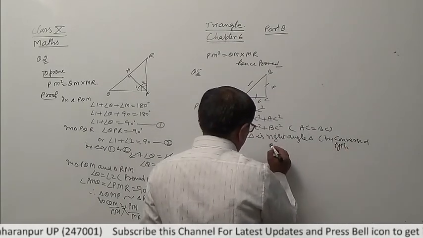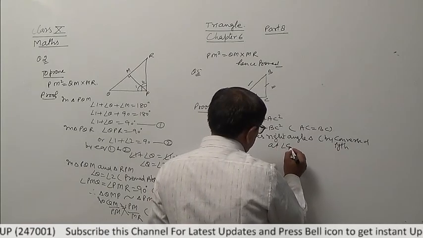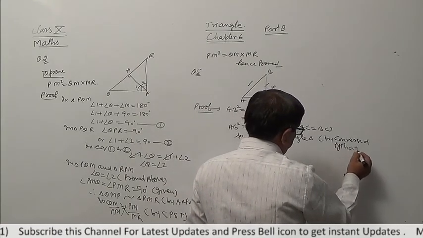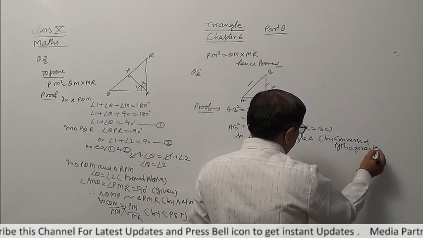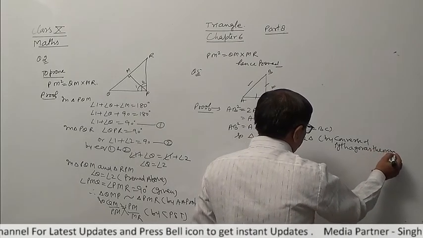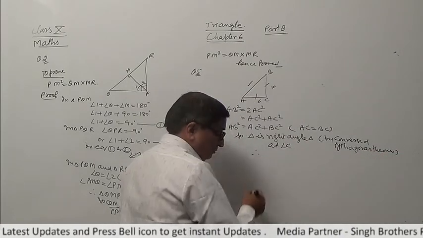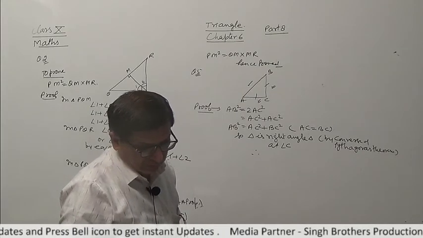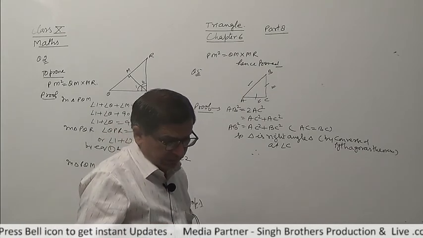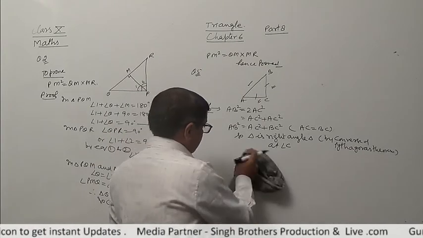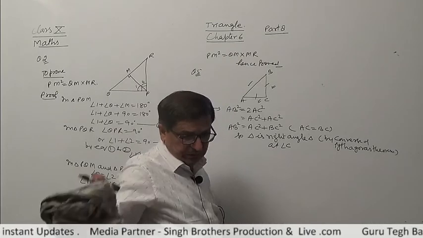Right angle triangle at angle C. So therefore, hence proved.